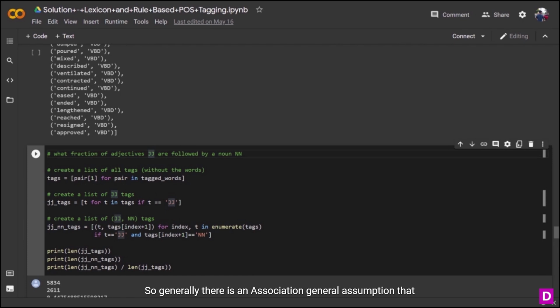There is a general association of an adjective and a noun together. So we will try to explore these kinds of hidden relationships between the words in the given text corpus.